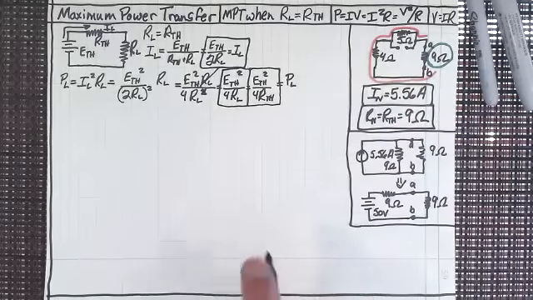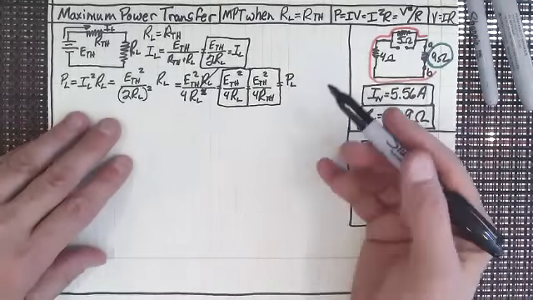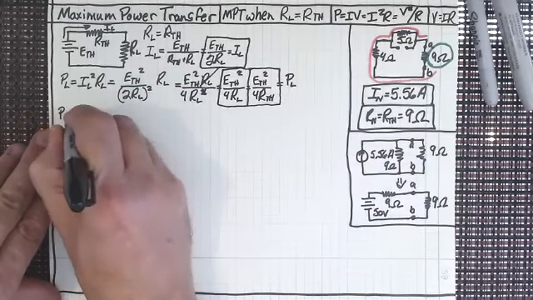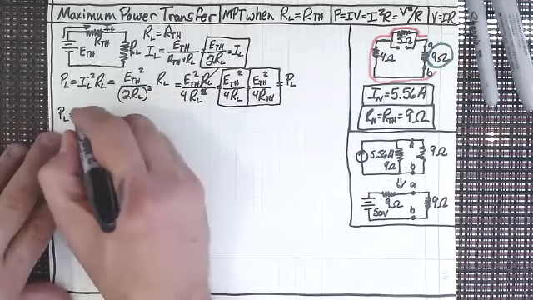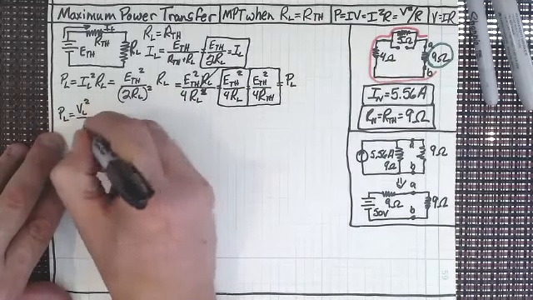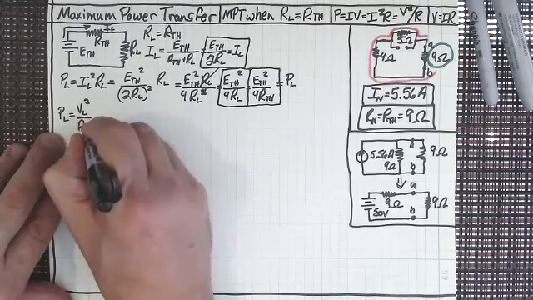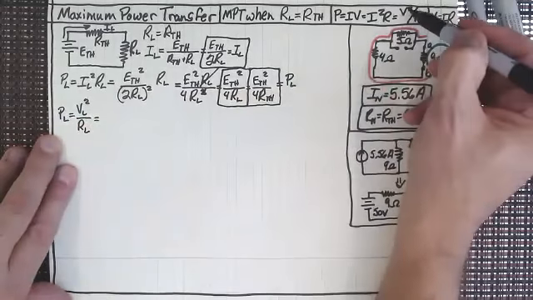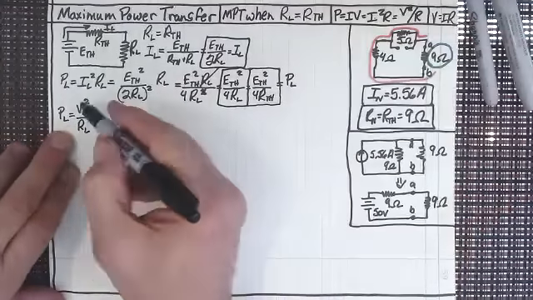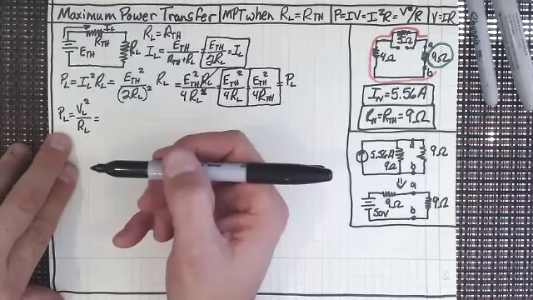Well, if we did that, let me just do that derivation. P sub L equals V sub L squared over R sub L, right? Isn't that our other equation? V squared over R, I squared R, or V squared over R, right? Isn't that what we basically get?